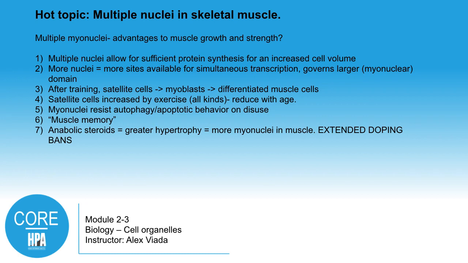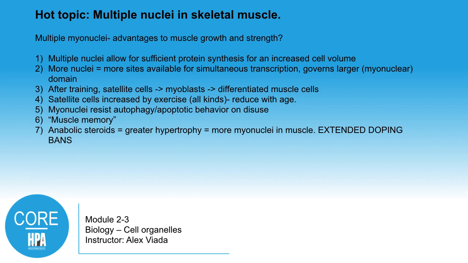Now, all of these have been done by looking at biopsies from different types of athletes over the years. So you can make a case for a shorter doping ban by using calf biopsies, or make a case for an almost lifetime ban, if you would like, by looking at trapezius biopsies. So this is why a lot of the science, when it comes to muscle memory, for example, muscle memory is typically attributed to the presence of a greater number of myonuclei in previously trained muscle.